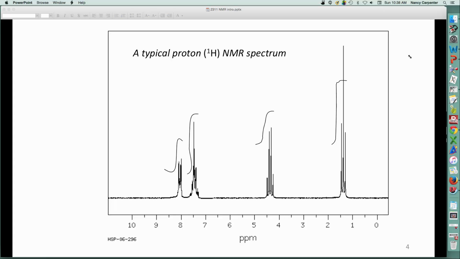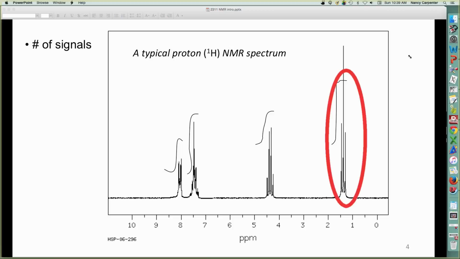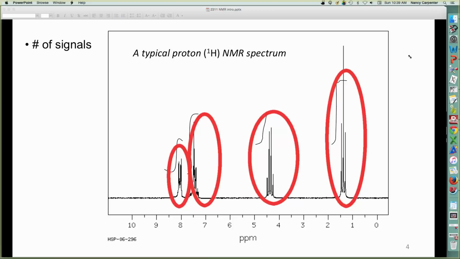So this is what it looks like. This is a proton NMR spectrum. What you can see along the bottom is the typical range is from 0 to 10 parts per million. Parts per million is the units of NMR. And what it tells us, many things. Number 1, you can see we've got 1, 2, 3, 4 sets of signals.